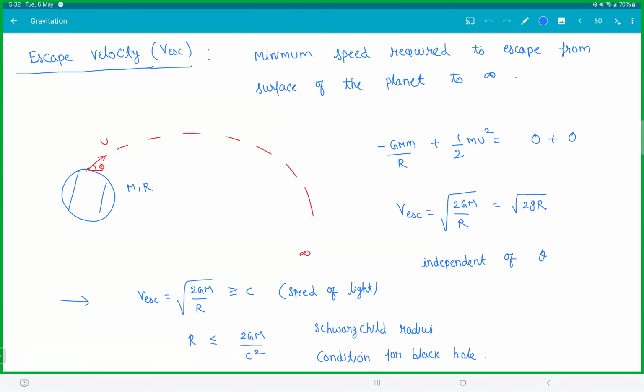Yeah, come on everyone, let's start off. There, so this was the last thing that we're doing, the escape velocity.